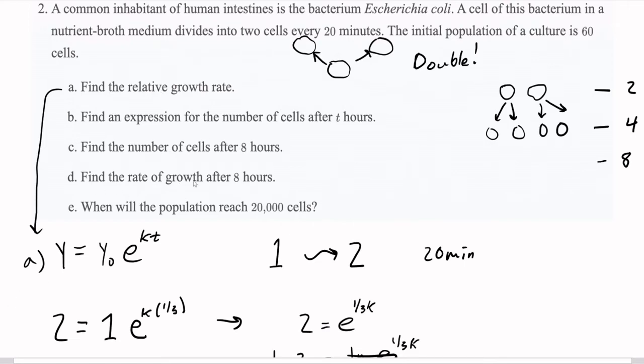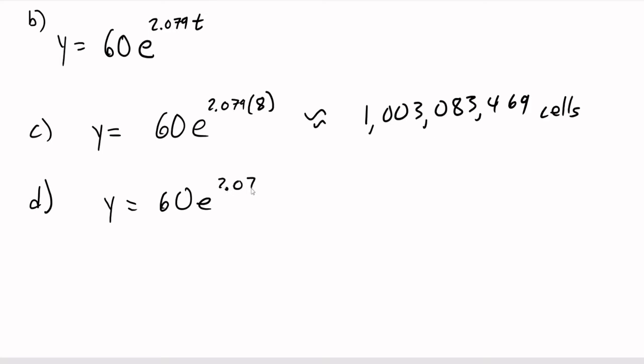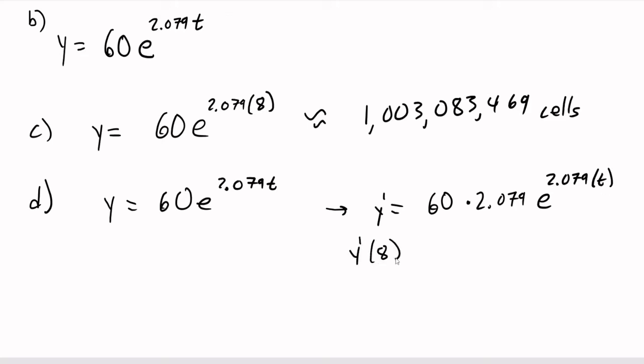Find the rate of growth after 8 hours. Okay. So what happens here? How is y growing? Well, for any function, how it grows, take the derivative. So this is y equals 60 e to the 2.079t, take the derivative. y prime equals 60 times 2.079 e to the 2.079t. We'll leave it as t for a second, but we want to know what this is at 8 hours.